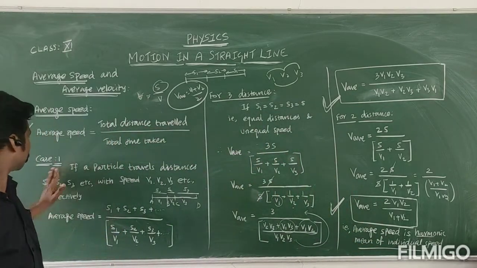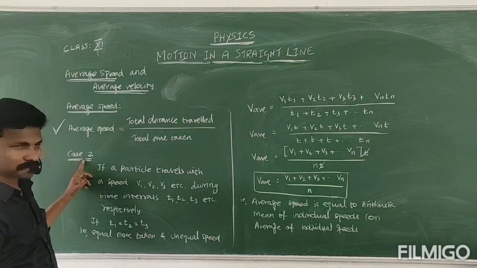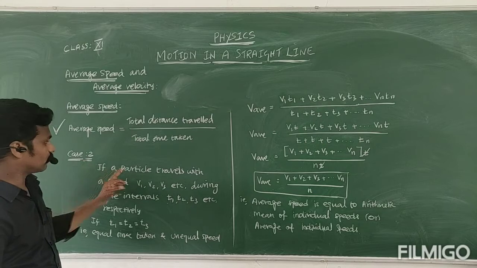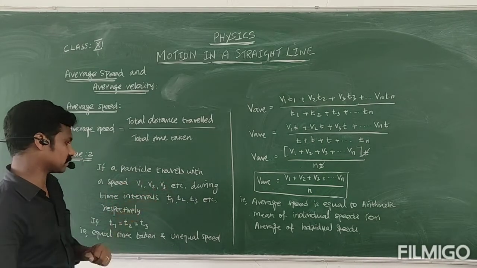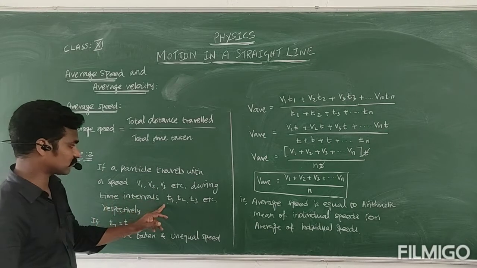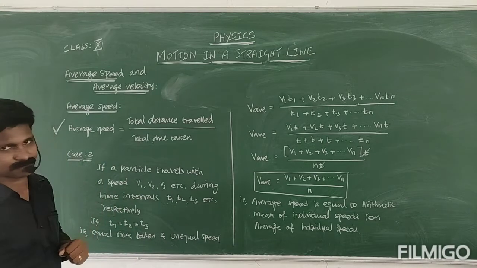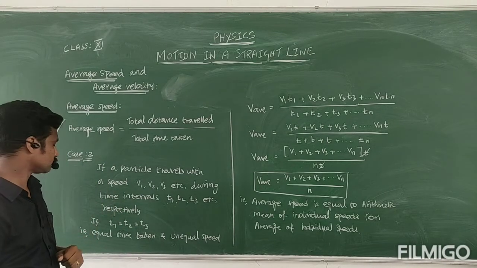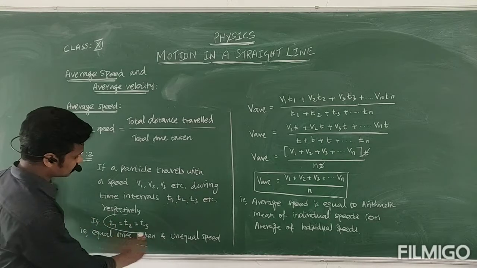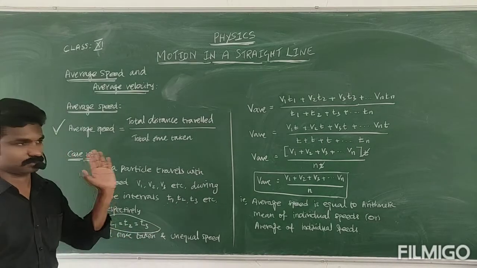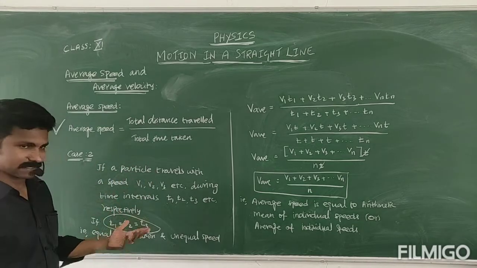So I hope case number 1 is understood. Case 2: if a particle travels with speeds v1, v2, v3 etc. during the time intervals t1, t2, t3 etc. Here we take the time interval to be equal for every distance covered. The time should be equal.